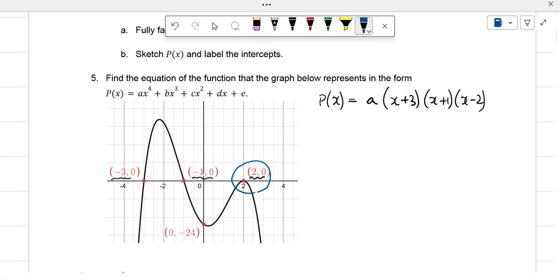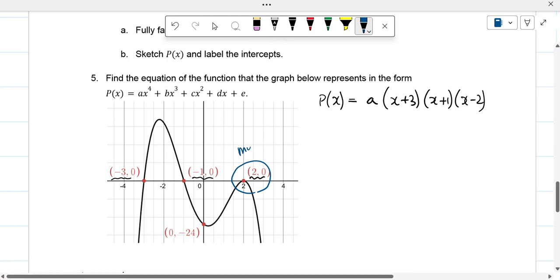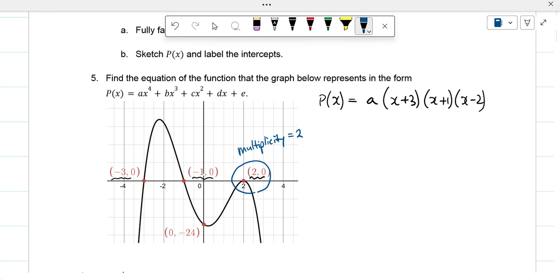So, in case you don't remember, that's called multiplicity of 2. There's multiplicity 2 because it's bouncing at that single point, acting like a quadratic function.